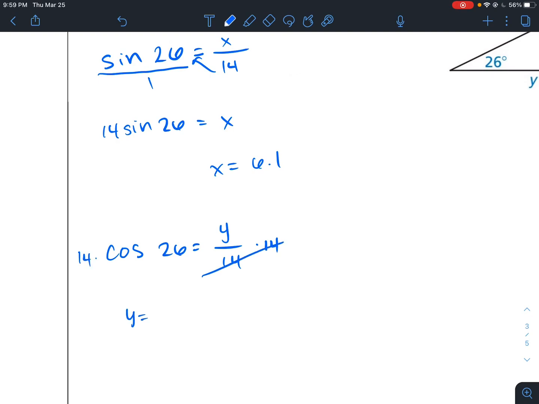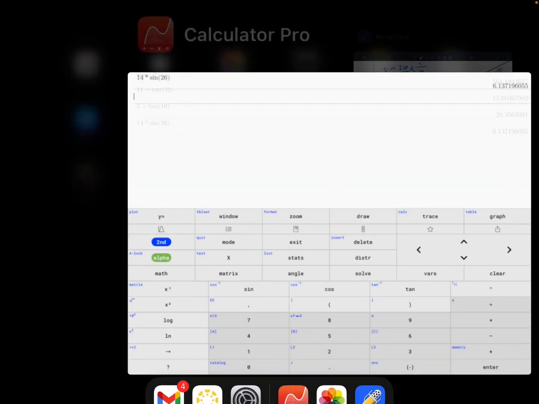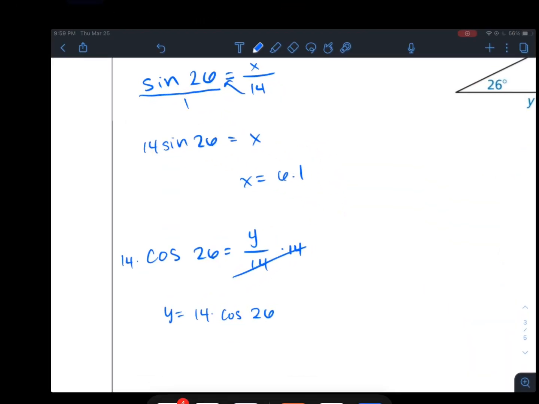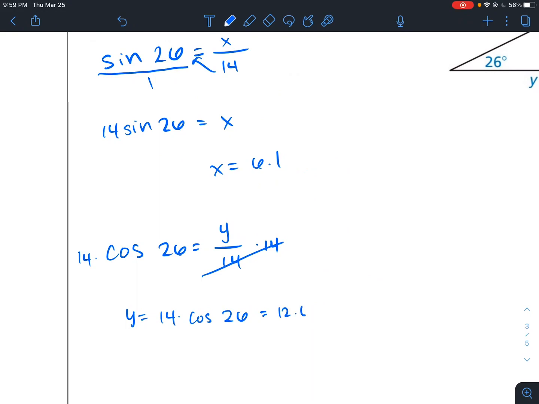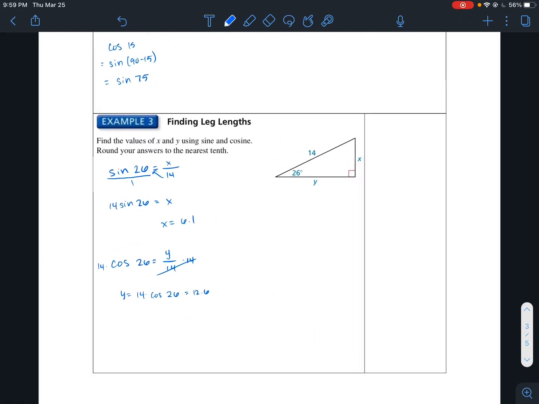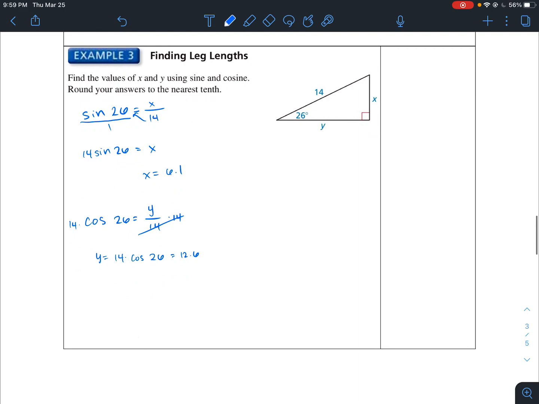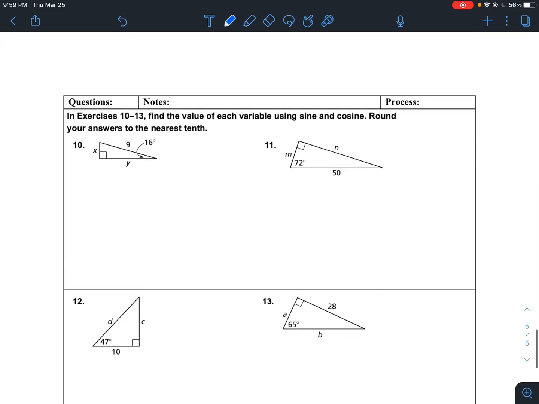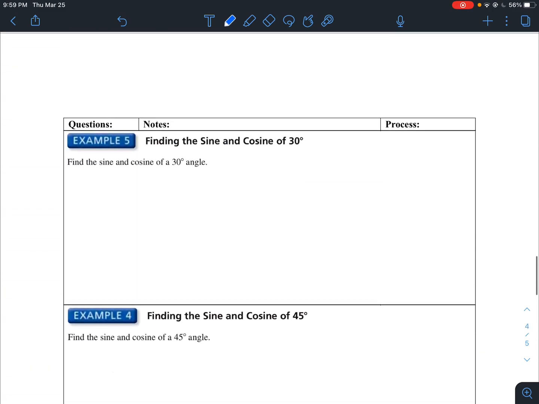So I get y is equal to 14 times cosine of 26. So 14 times cosine of 26, and I get 12.6. Okay, that's really all there is to it. So we know x and y values right there.